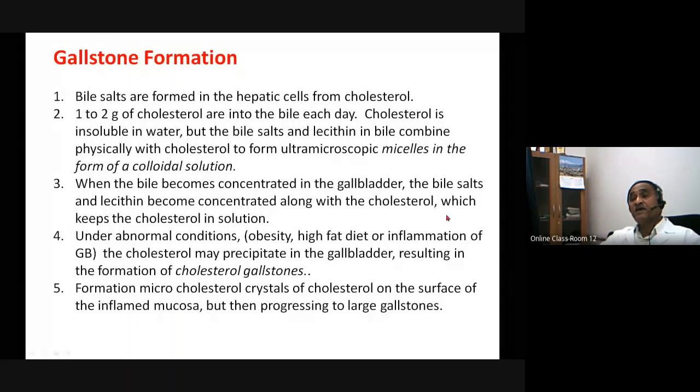In inflammation of the gallbladder, there is increased water reabsorption and epithelial damage. These two conditions increase the concentration further, and all these things precipitate the formation of cholesterol gallstones.